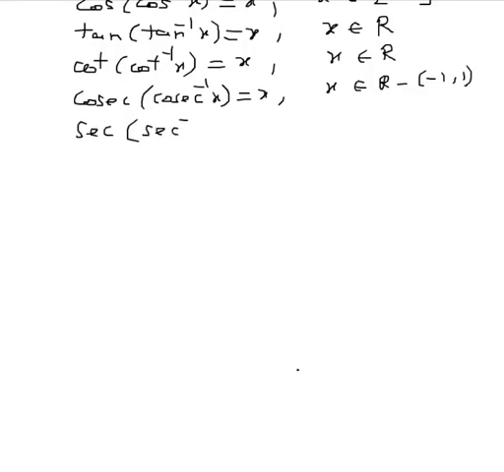Similarly, sec(sec inverse of x) is x for all x belonging to R minus the open interval -1 to 1. So function and inverse function will get cancelled. It becomes an identity function.